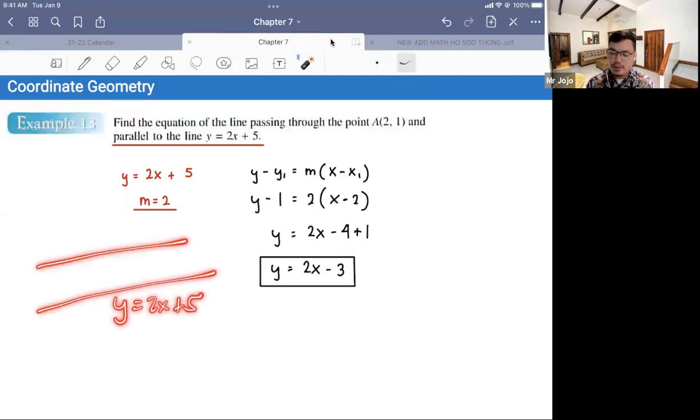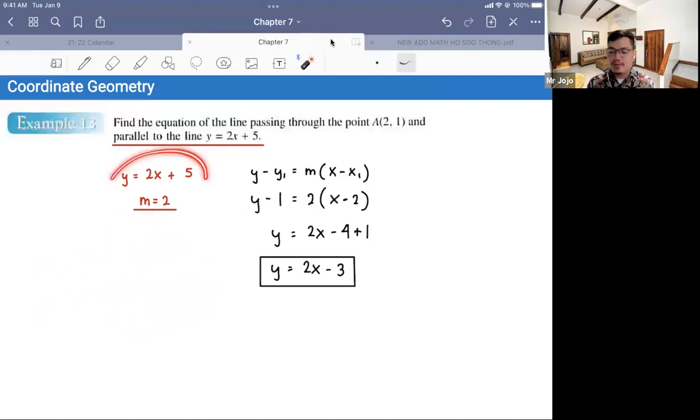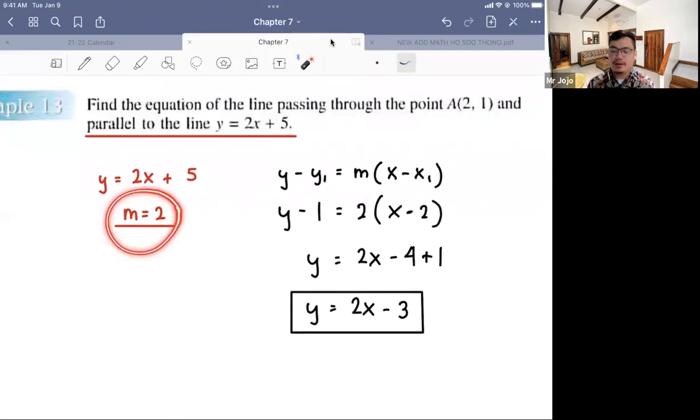Okay, so the first line, you only know that point A is here. Okay, but you don't know the equation. All right, so since these two lines are parallel, that means that their gradients are also the same.